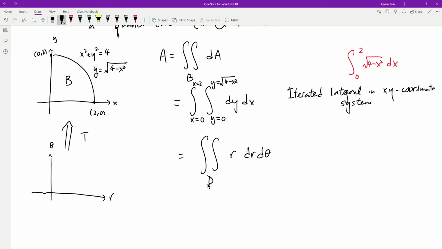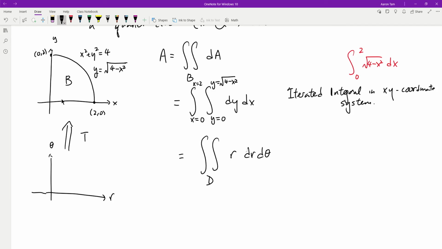So what I need to do is figure out what D should look like. D has to be the region on the r theta plane that describes the same exact quarter circle, but in polar coordinates. In order to describe it in polar coordinates, I need to describe the radius and the angle theta.